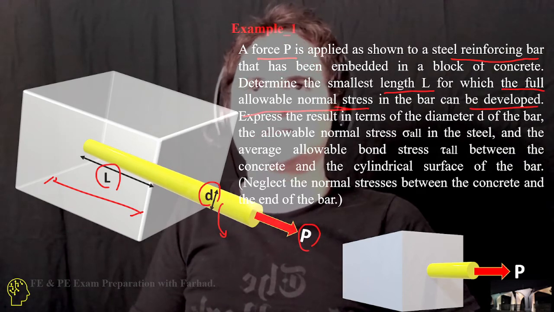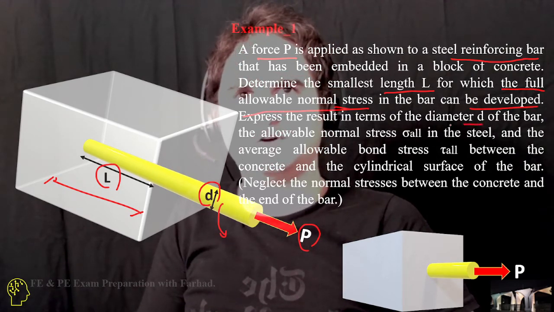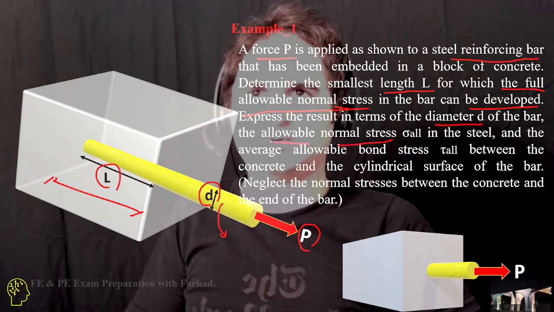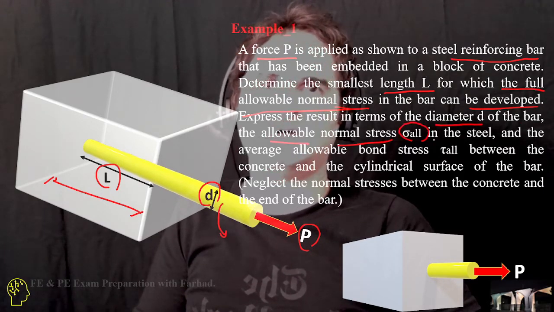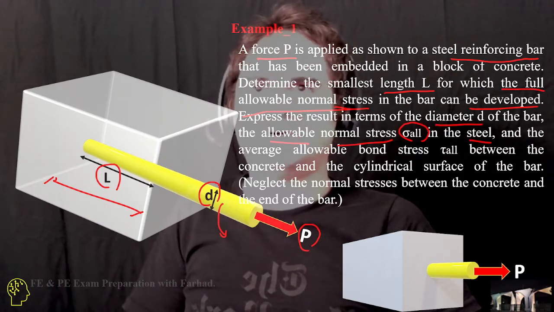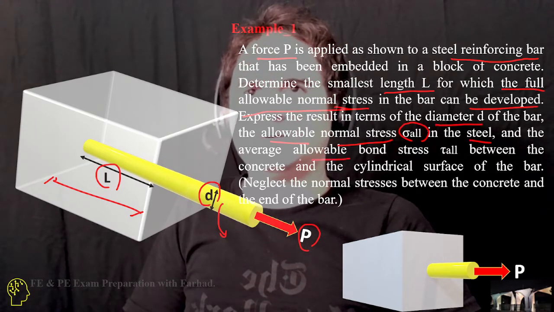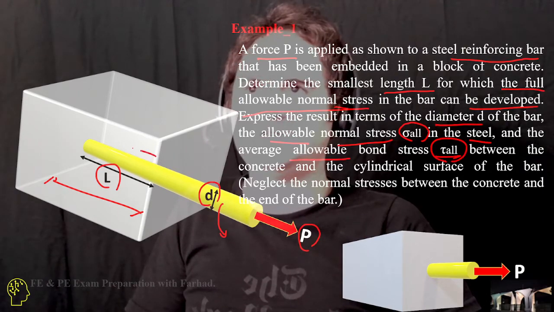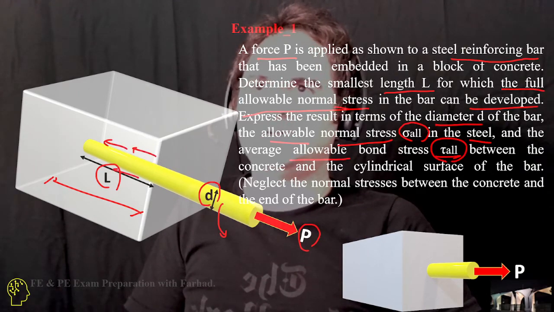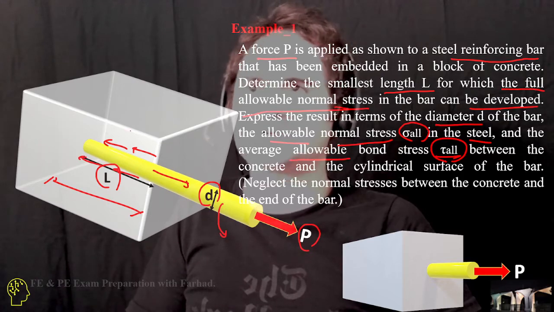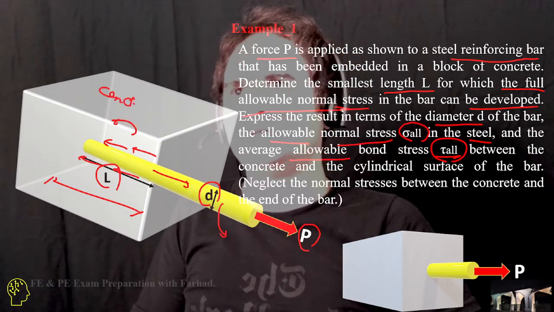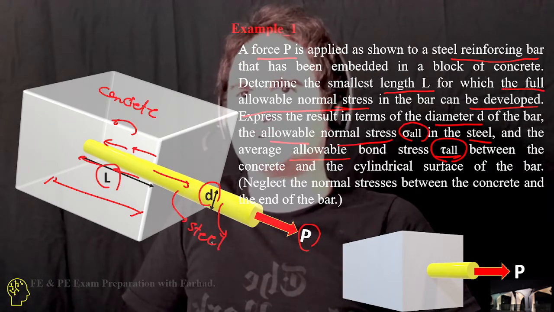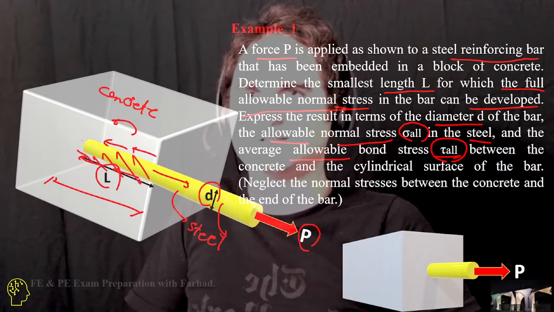We want to express the result in terms of the diameter of our rod, the allowable normal stress sigma in the steel, and also the average bonding stress tau, definitely shear, between the concrete block and the steel bar when we are pulling out the force. So that's a bonding stress which applies here.